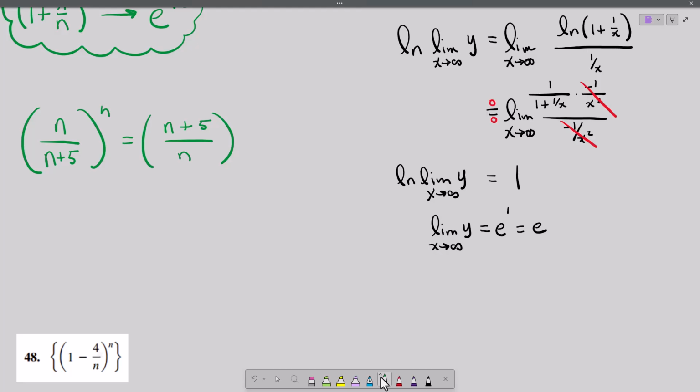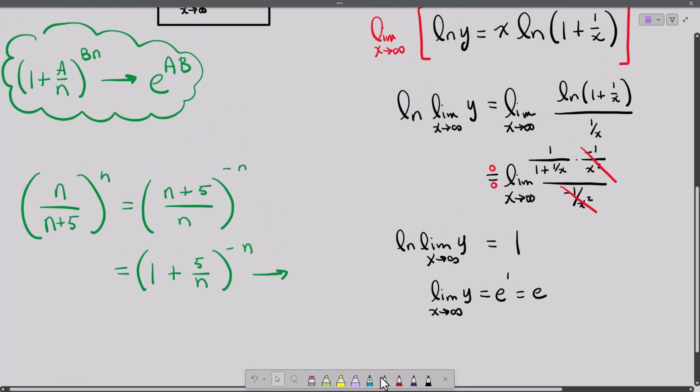If we flip that, what happens to the exponent? It goes negative. Now we can split this fraction, and we have this. And what is this limit?